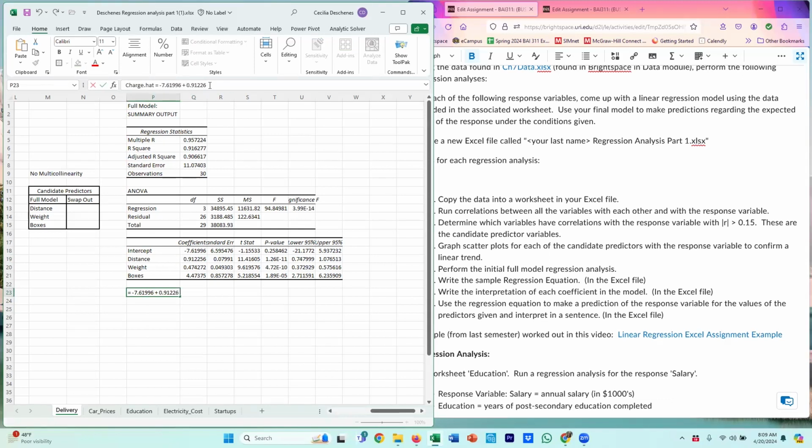That was a 6. And that's times the distance. Maybe this one I'll just type 47, 2, 7. And this is times the weight. And finally, a $4 increase per box, right? So we'll get to interpreting these here in a sec.